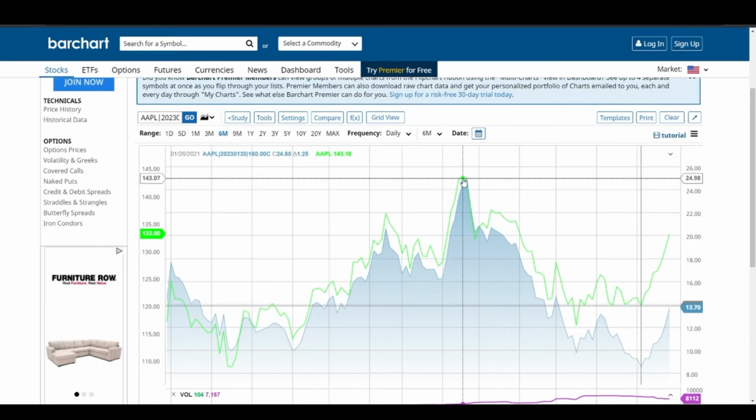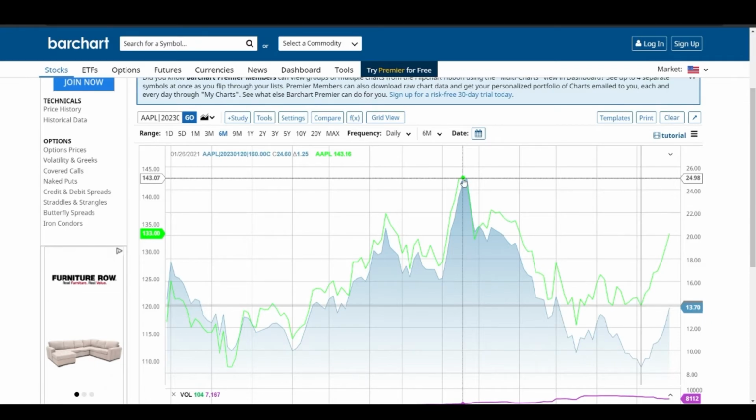And then on the right, you can see the contract price was paying out 24.98. So being that our call is 160, you can pretty much imagine how much the contract is going to be paying out once it hits or even potentially surpasses the 160 mark in 2 years.